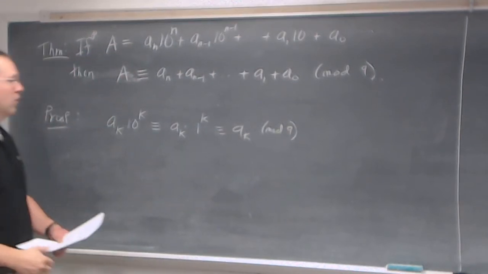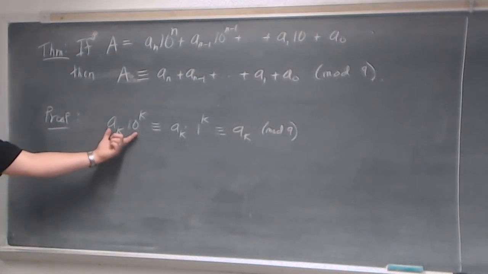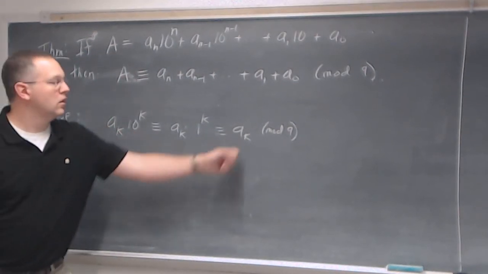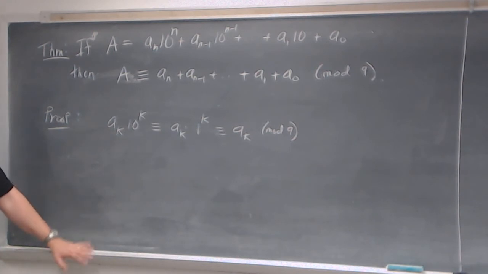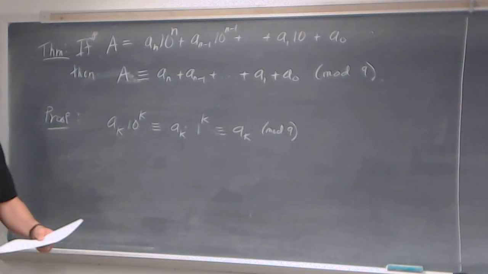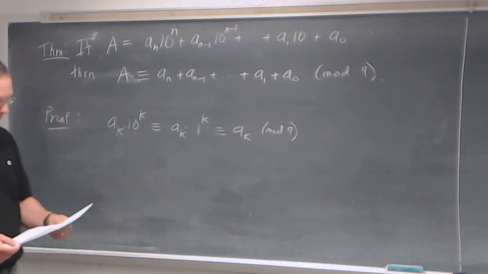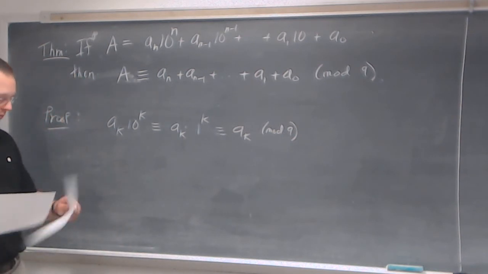So when you add up all the terms like this, each one of these terms is congruent to the integer out front. So that's called casting out 9s.